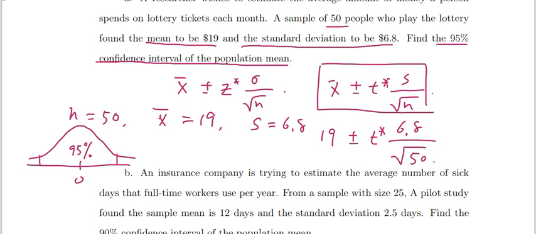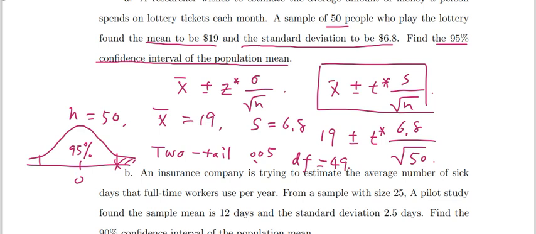So outside is two tails, so we check two tail 0.05, or one tail 0.025. The degree of freedom is n minus 1, which is 49.